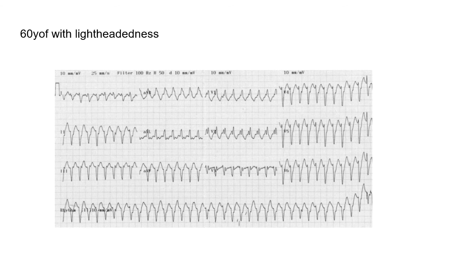So do you see those P waves in V1 here? With that, it could be more likely that there's AV dissociation, and this is a monomorphic Vtac.